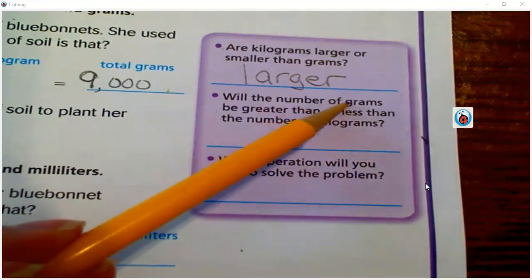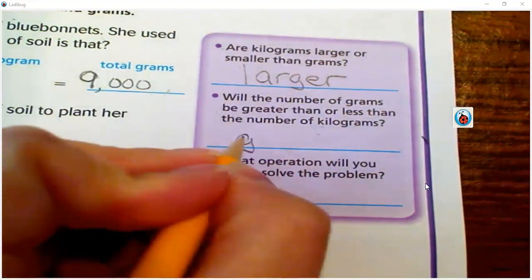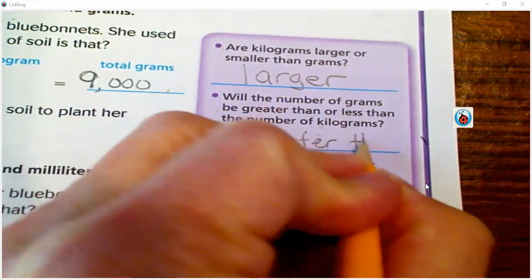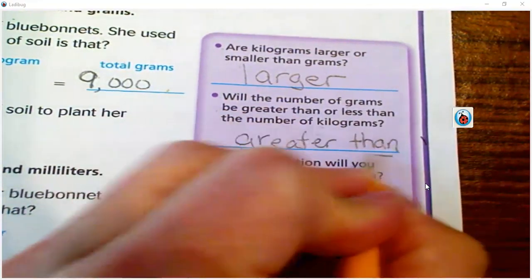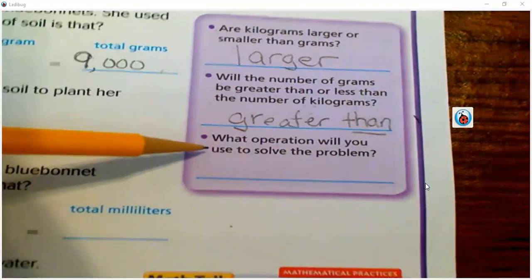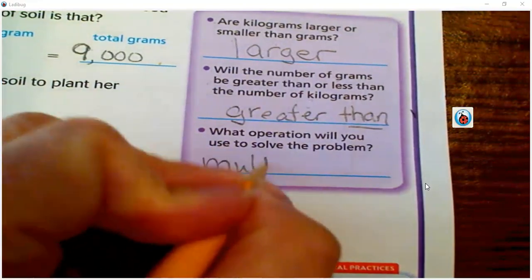As a matter of fact, there are 1,000 grams in a kilogram. So the number of grams will be greater than. Notice how I'm writing a comparison word, than. I'm not writing then. And what operation will you use to solve the problem? That's right, multiplication.